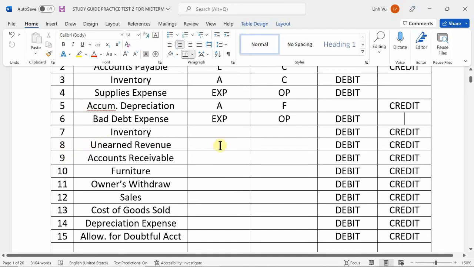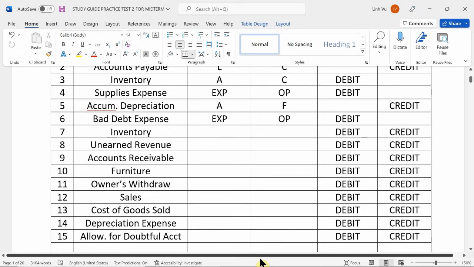Unearned revenue. So remember, unearned revenue, revenue we haven't earned yet, right? In other words, when a customer gives us an advance payment for services we have not yet completed. So therefore, that gives us an obligation, right? That means we are required to provide service because we were paid in advance.